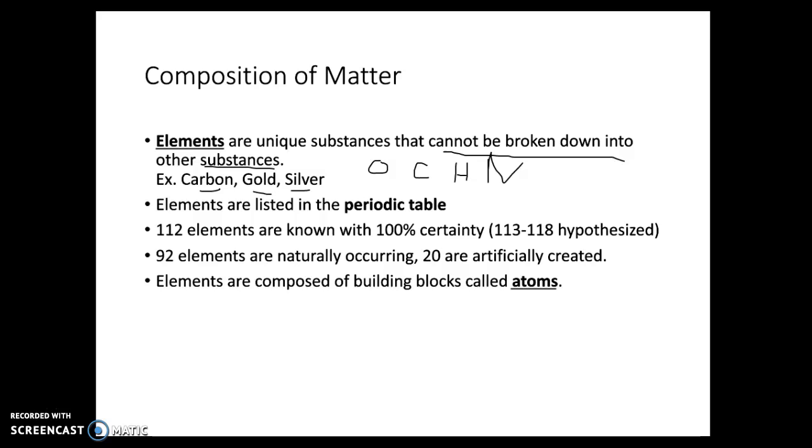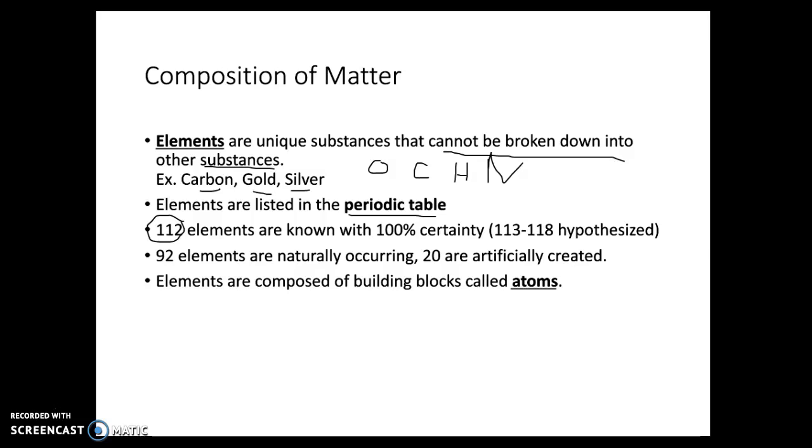So again, all of the elements are listed in a nice table called the periodic table, which increases from 1 to 118. That is in regards to the number of protons that are found in the atom's nucleus, but we're getting ahead of ourselves. So we have 112 known elements with 100% certainty.